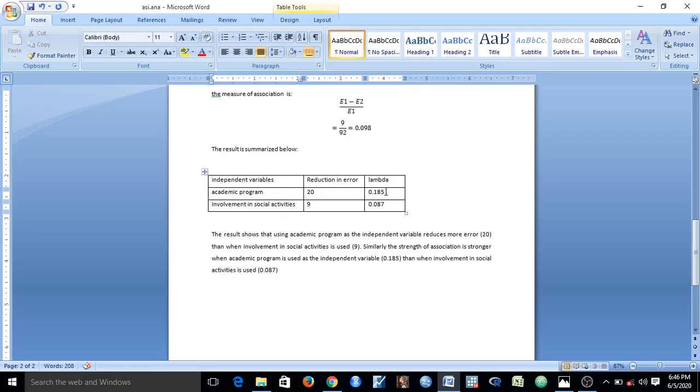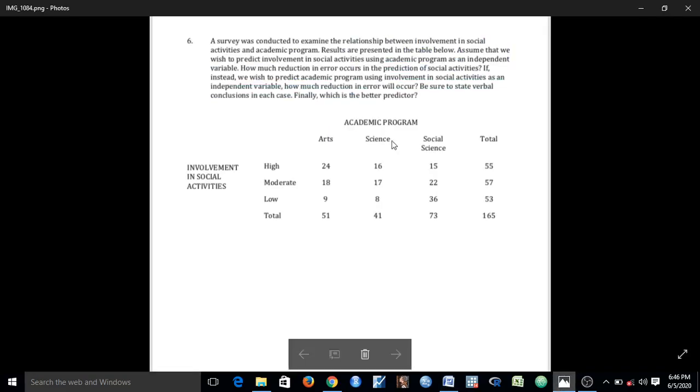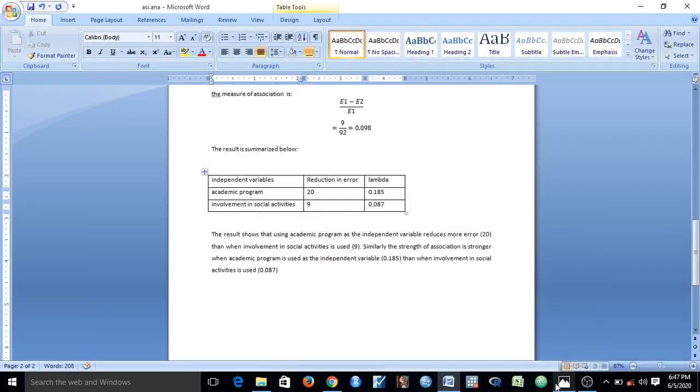Then we have a higher association, that is the lambda value, the measure of association, which means the association is stronger when academic program is the independent variable. Then we conclude that academic program is a better predictor than involvement in social activities.